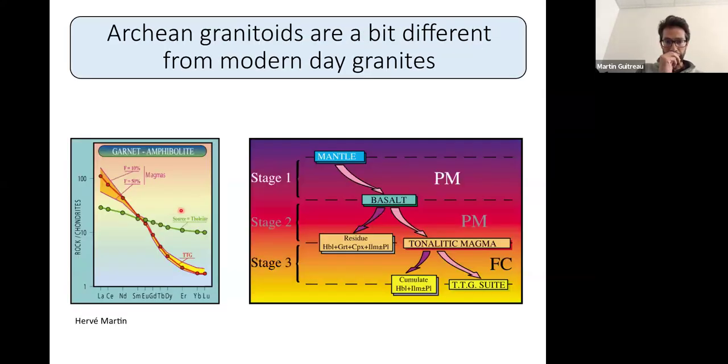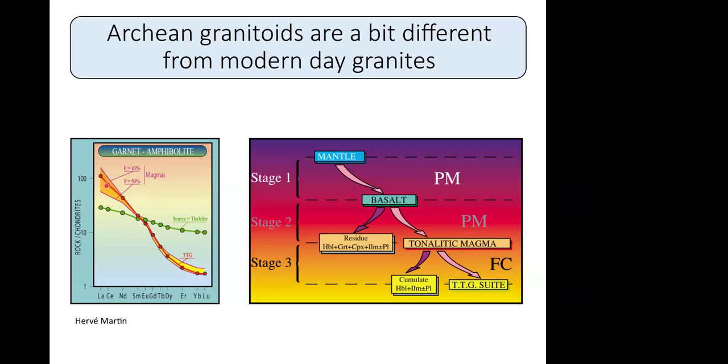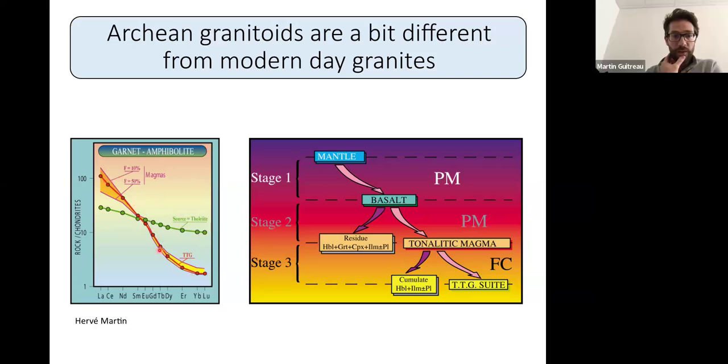So again, I will not go into too many details about TTG petrogenesis, but I just wanted to show the conclusions of the study that used trace elements, essentially, although major elements were also involved. If you take tholeiite, typical of what you will find in Archean terrains, and you melt it in the amphibolite garnet stability field, this tholeiite will melt and produce magma that will closely resemble some sort of average for TTGs.